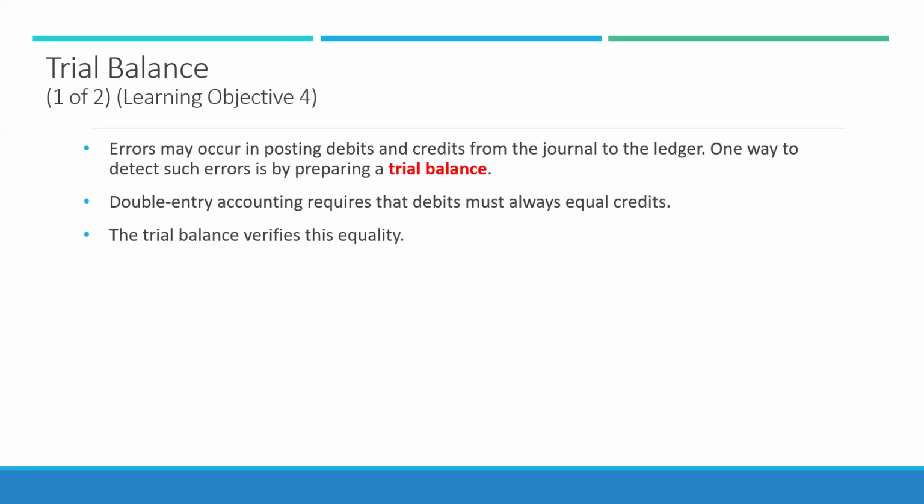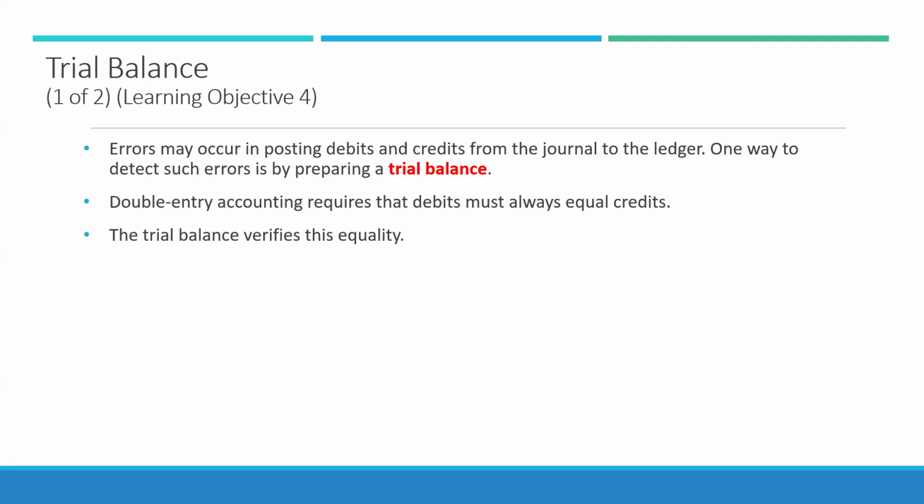So the trial balance is just a list of all of the accounts and their ending balances at the end of the period, and whether the balance is a debit or a credit. It's always going to balance. If there are no errors, it will always balance because your debits always equal your credits and the sides of your accounting equation are in balance.